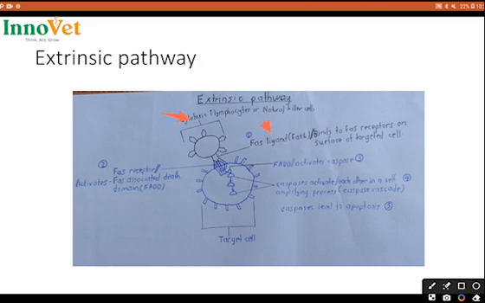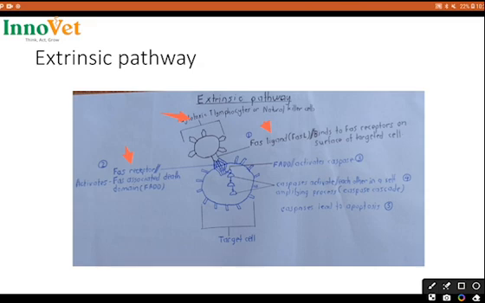These Fas ligands bind to Fas receptors on the surface of the cell being targeted for apoptosis.